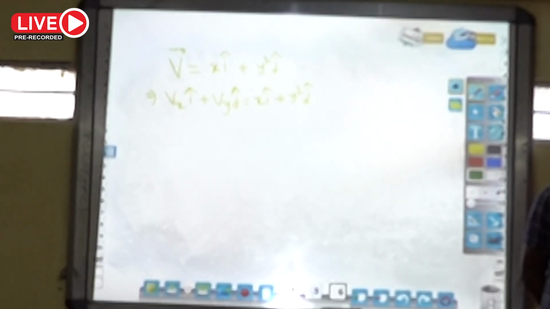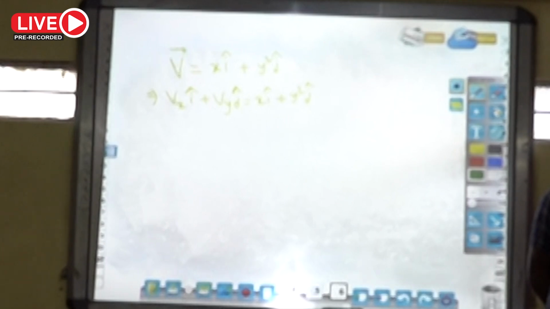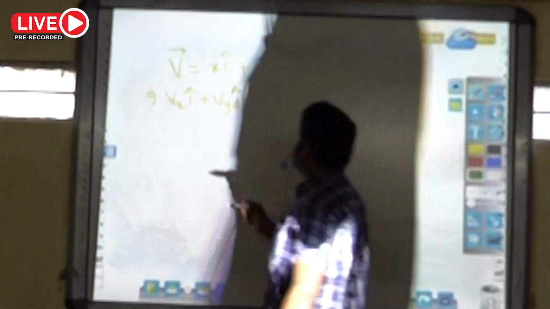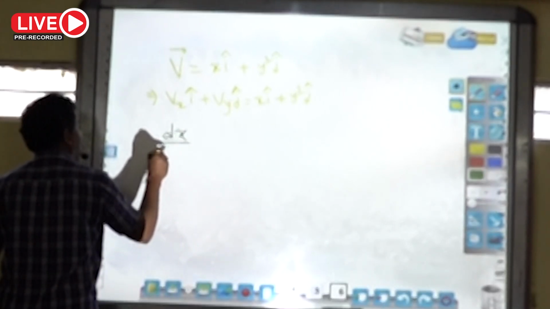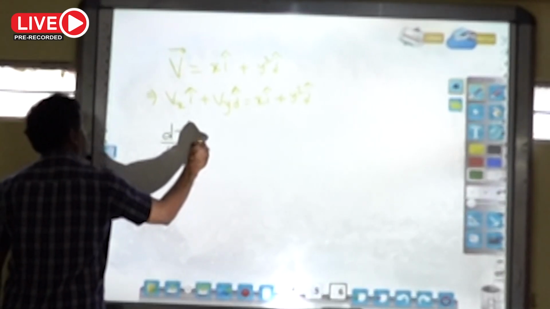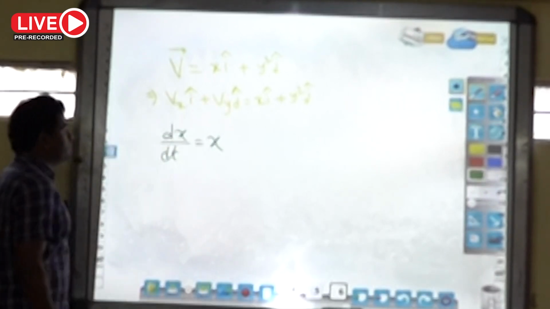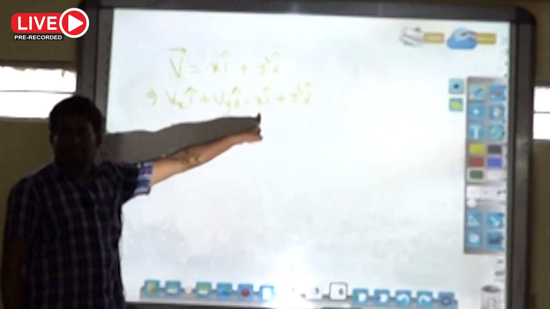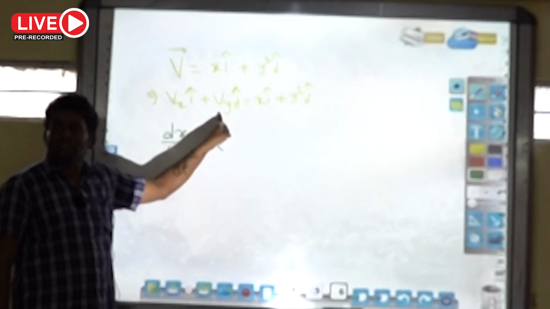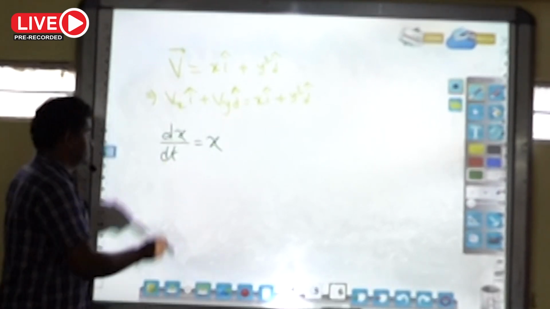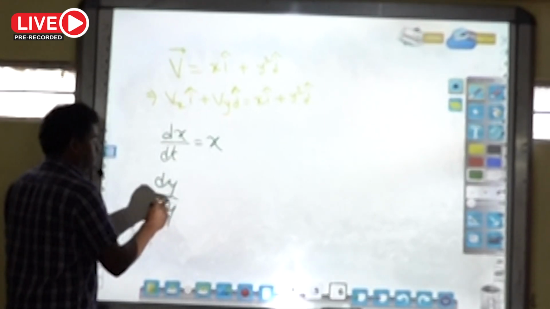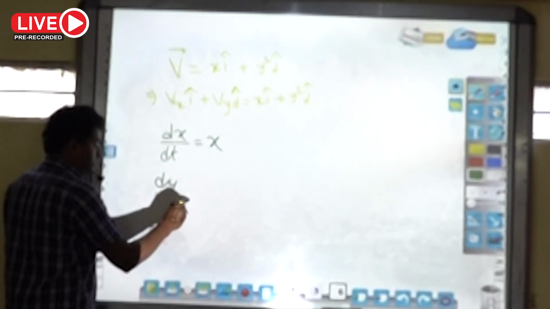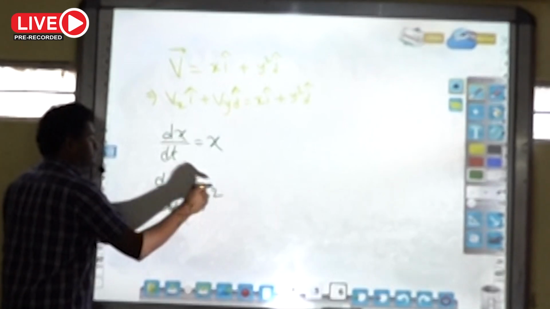Now what is Vx? dx dt. So we can simply write dx dt equal to x by comparing the coefficient of i cap. Similarly, Vy means dy dt. So we can write dy dt, that is equal to y square.